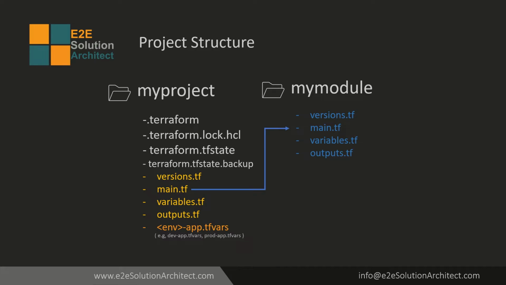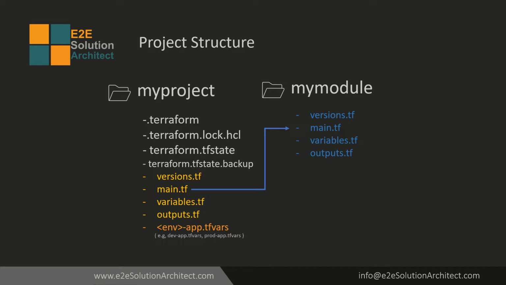You can give ABC, XYZ, anything which is readable and meaningful for you. But what I recommend is to use these 4 files to structure and organize your Terraform project.